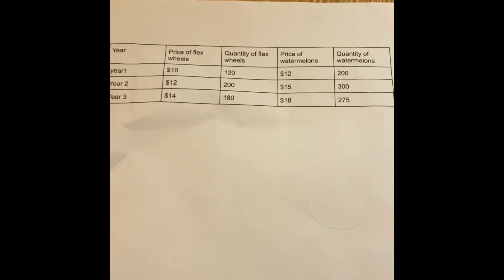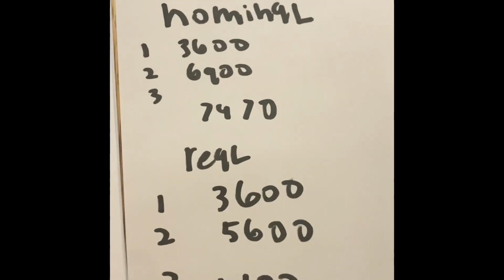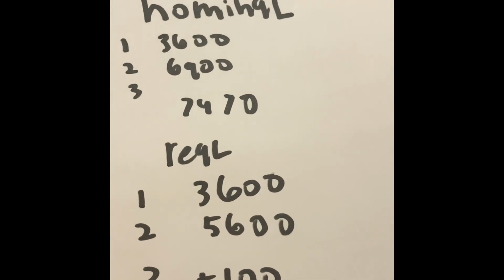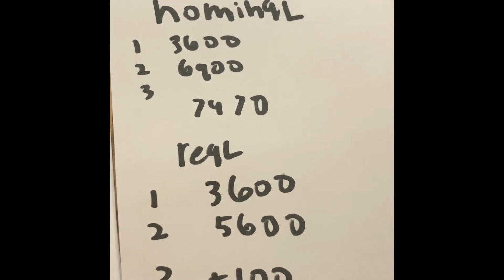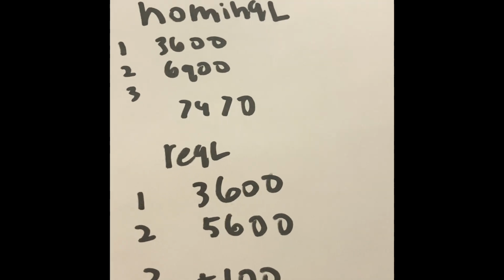So going back to our problem about the flex wheels and the watermelons, the deflator is going to involve everything in here. But when I was saying both of them, I was saying that we're going to talk about nominal GDP and the real GDP. Hang on! There is a little bit of a catch right here.